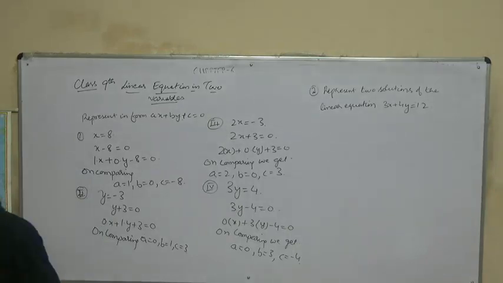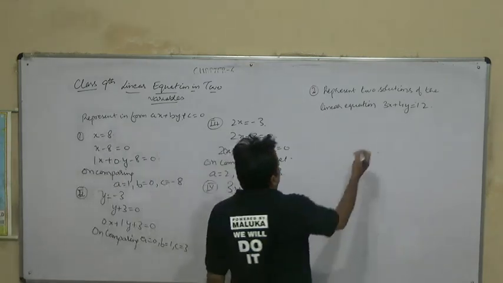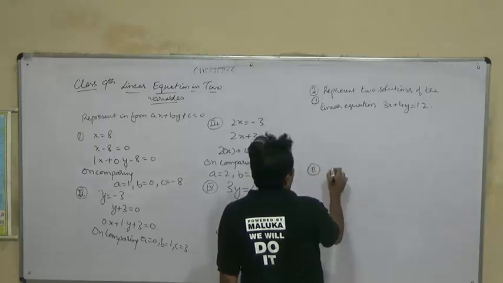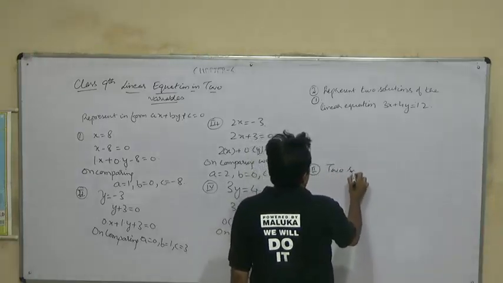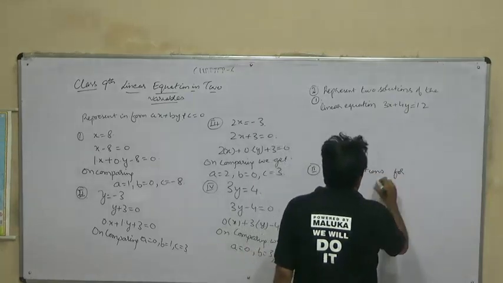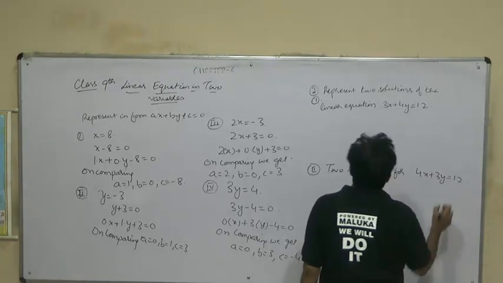That we will do as the first part. The second part we will do for two solutions of 4x plus 3y is equal to 12.